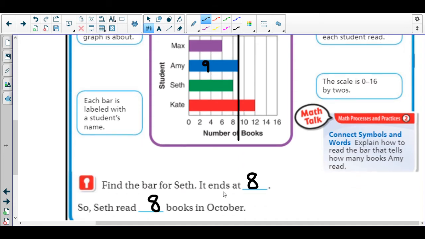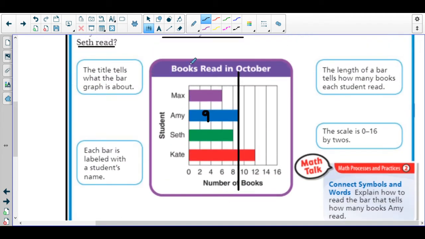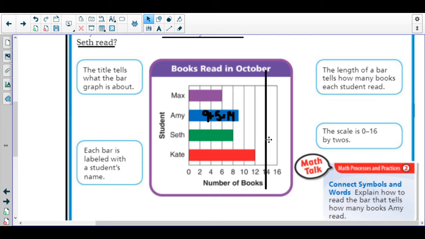So now we need to shade in if she were to read 5 more books. So we'll go ahead and color that in. So 9 plus 5 will give us 14. There's the 14. We're going to take it all the way out to there and draw this graph all the way out to there.